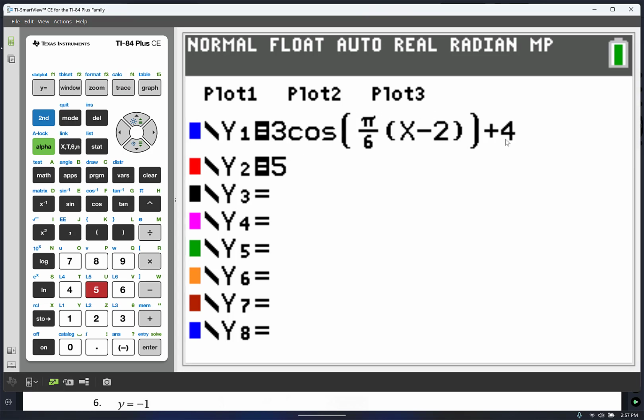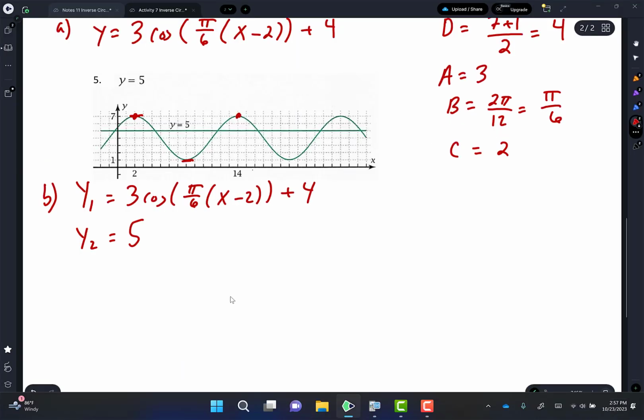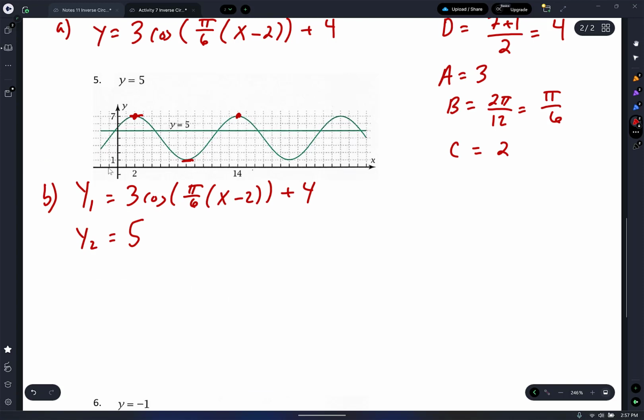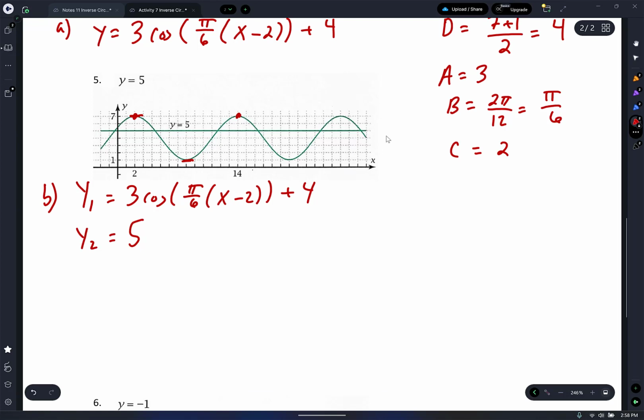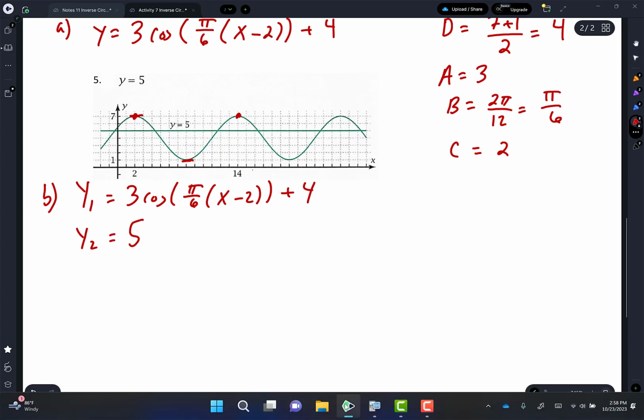Let me look at the graph here. The smallest your x value is -3, and then someone count and tell me what the biggest x value is. It looks like 30.